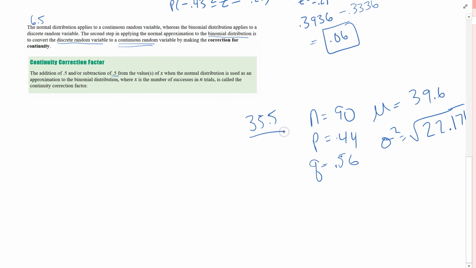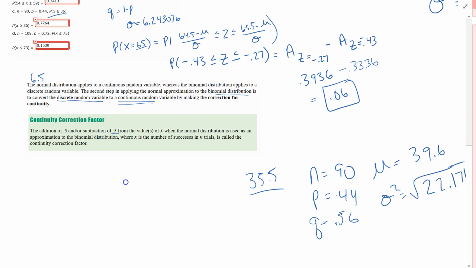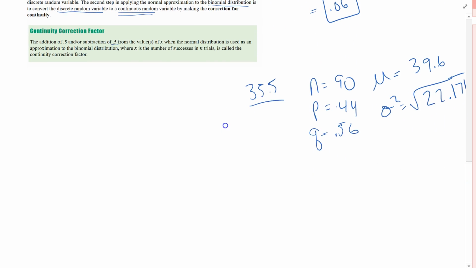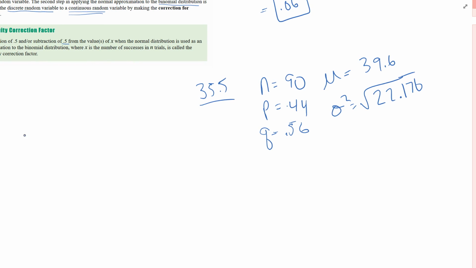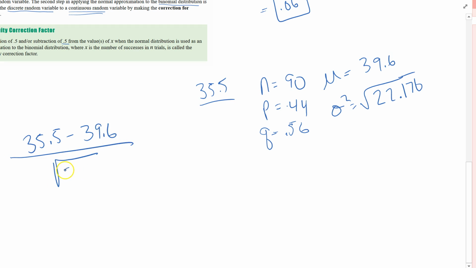So 35.5. We want to know the area to the right. So we subtract 0.5 because we're taking that into account. So we take 35.5 minus 39.6 over the square root of 22.176.